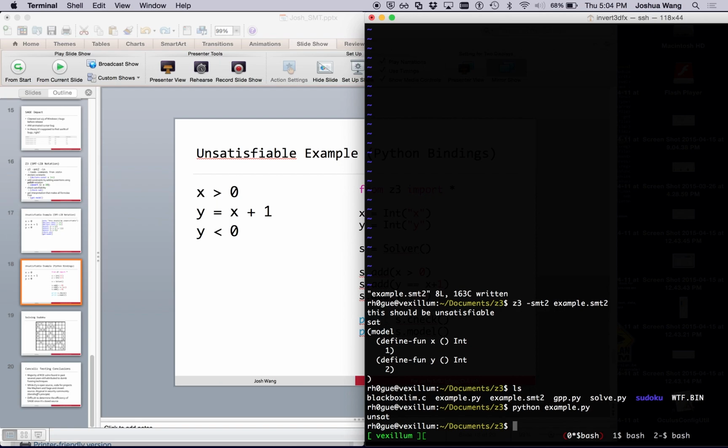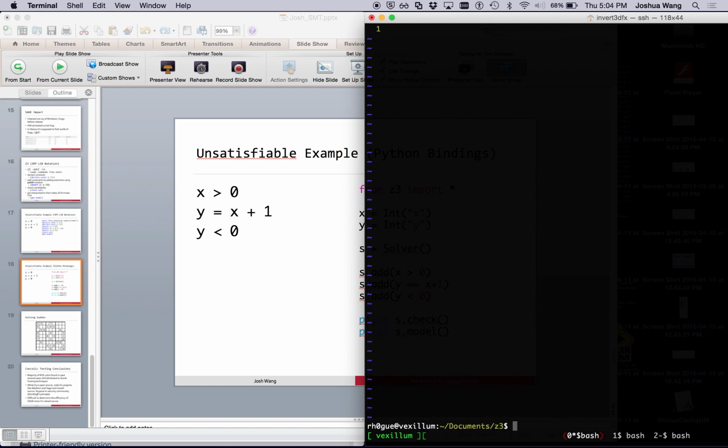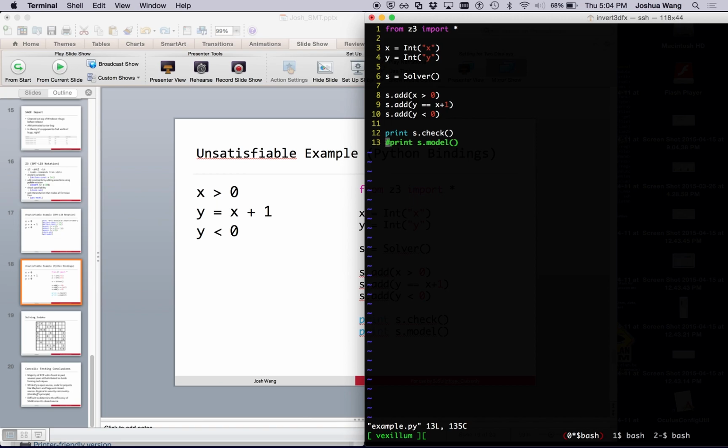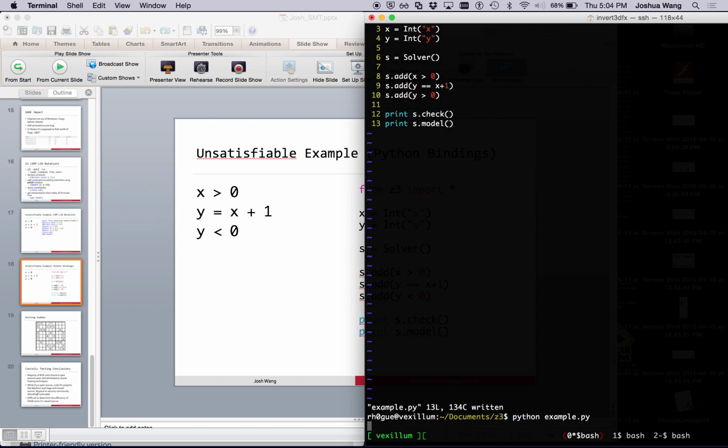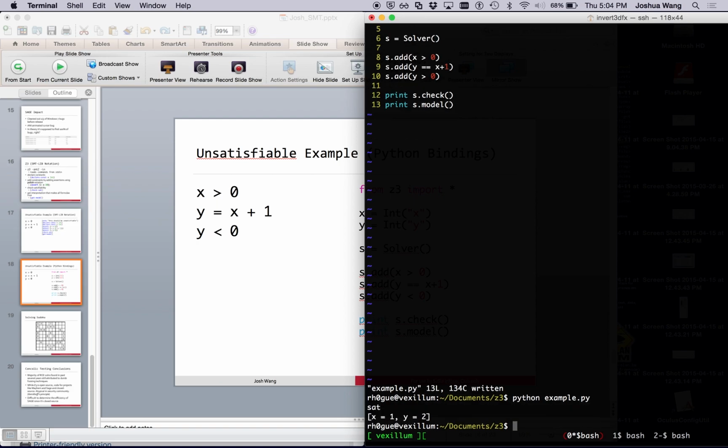It says it's unsatisfiable, right? But again, if we change it, we get the solution: x is equal to 1, y is equal to 2.